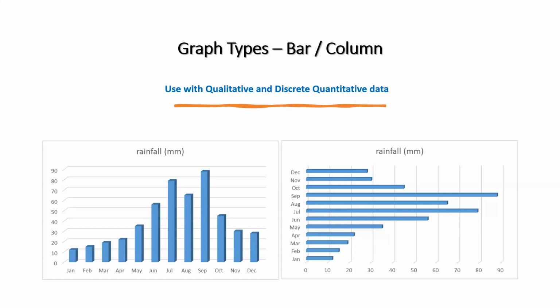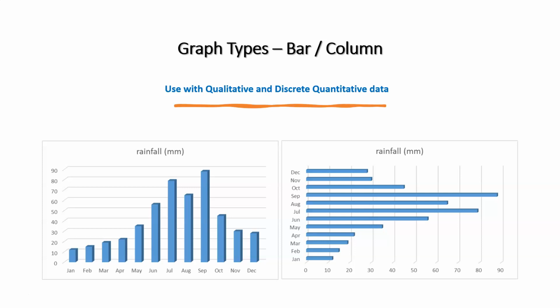For example, in these, the independent variable is months of the year, so it's not quantitative data. This is a qualitative variable. Or it can be used for discrete quantitative data. Remember, discrete is the type of data that is a full value, not 0.5, 0.6.